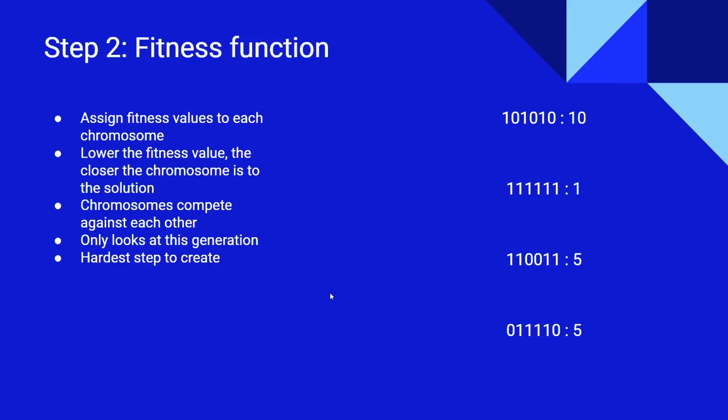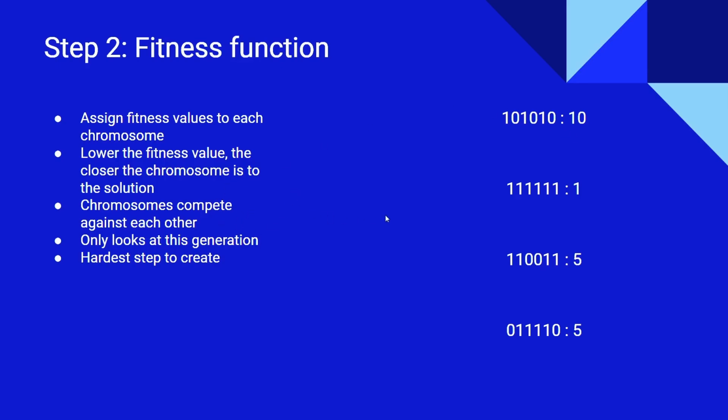The second step of the genetic algorithm is the fitness function. During the fitness function, we are going to take each chromosome and assign a fitness value to it. The lower the fitness value, the closer the chromosome is to the solution. So we can see over here on the right that a chromosome like 111111 has a value of 1, which means it is very close to the solution. Meanwhile, something like this one up here has value 10, which means it is pretty far from the solution.